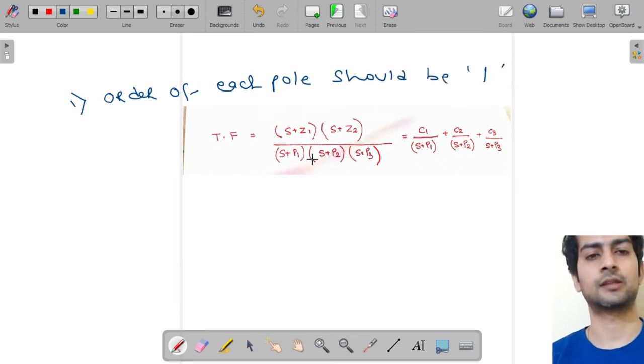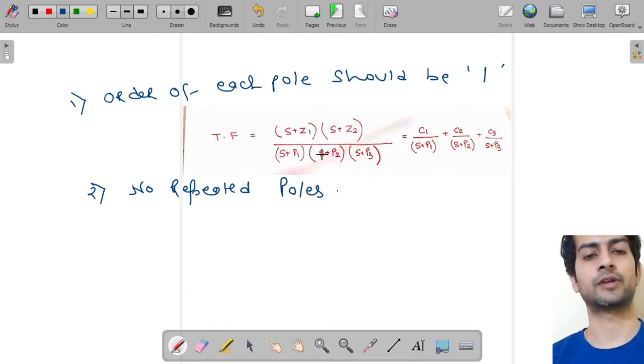See here, we can see that the order of each pole is 1. And the second prerequisite is that there shouldn't be any repeated roots, no repeated poles. Here we can see there are no repeated poles.